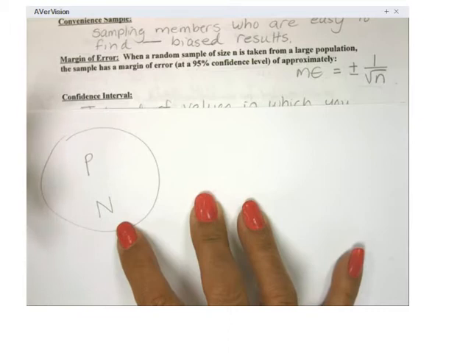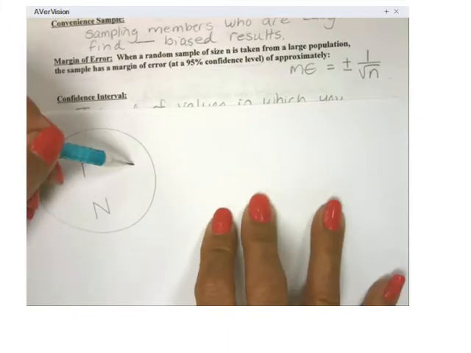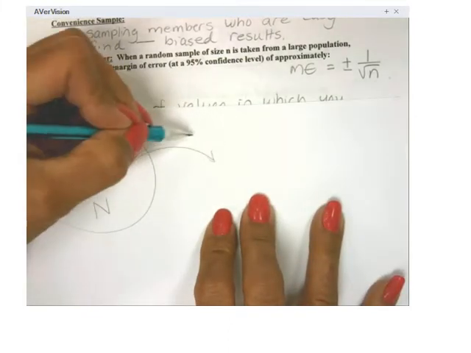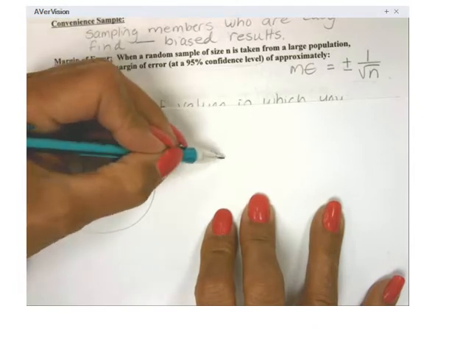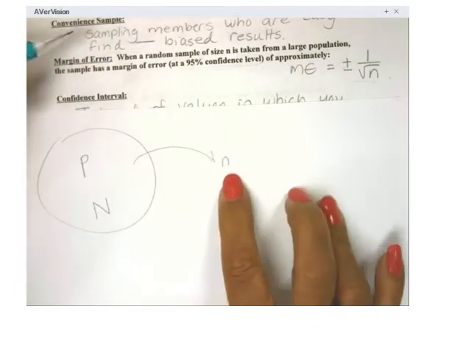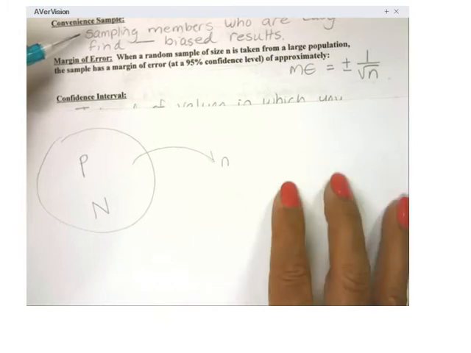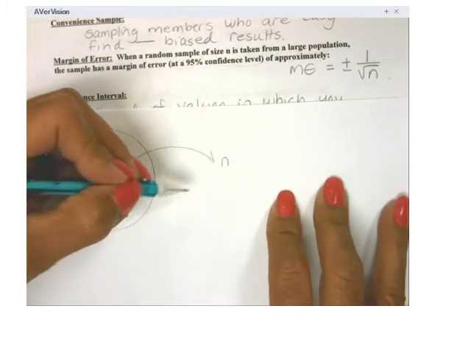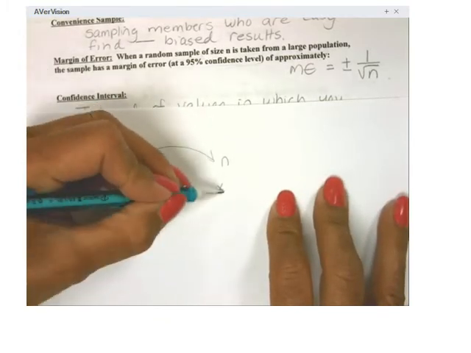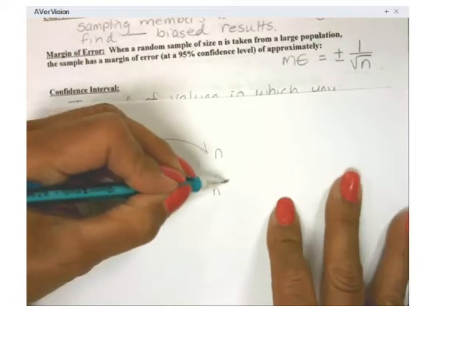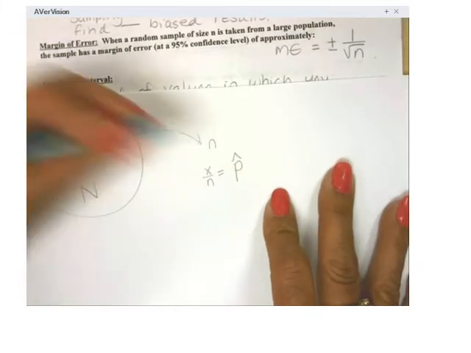Now, we do simple random samples, and we would get a sample of size n. It's going to be small relative to that capital N. Then we would count how many people said yes out of little n, and that would give us something called a sample proportion, which we would call a p hat.